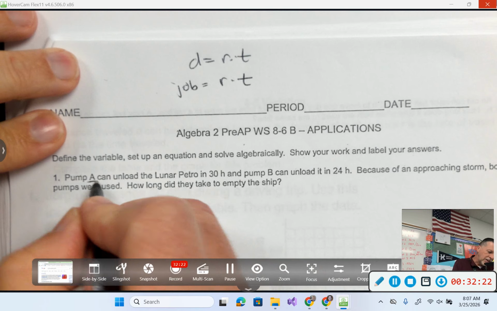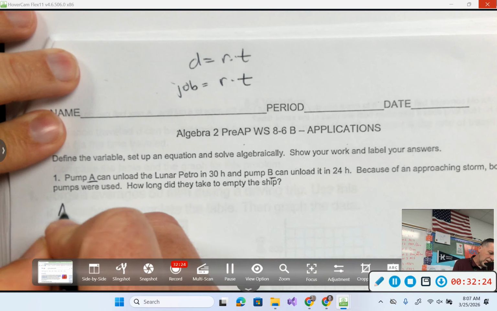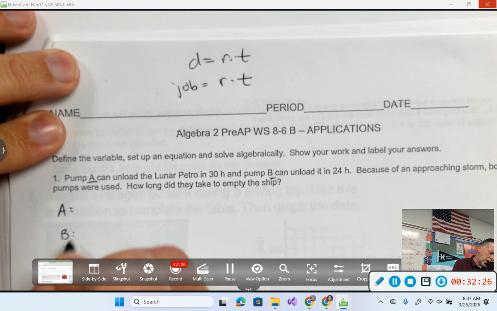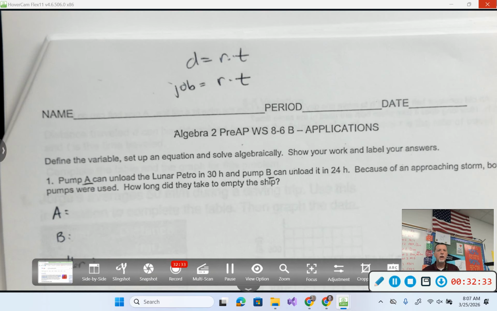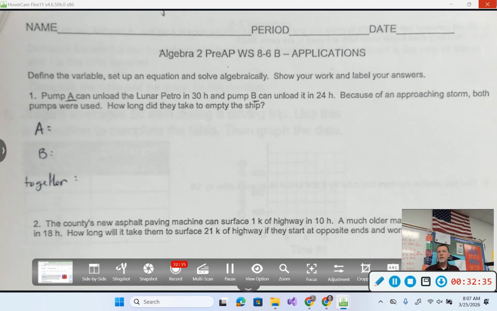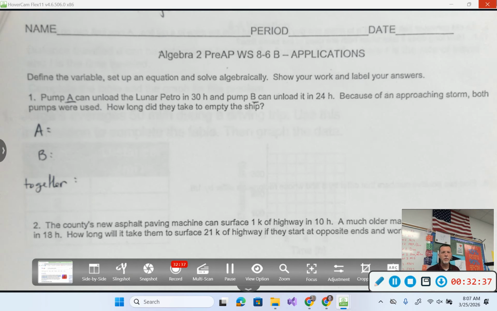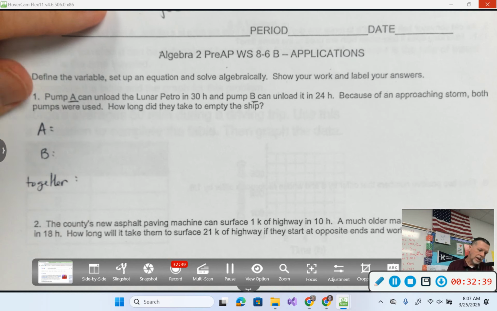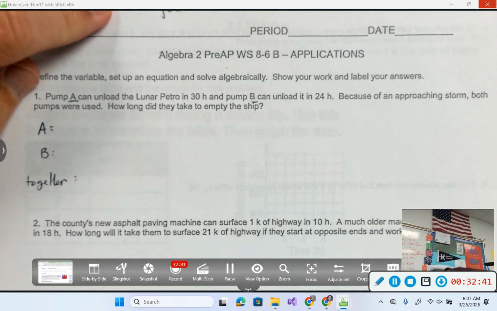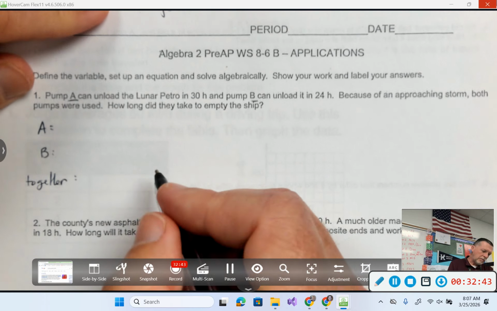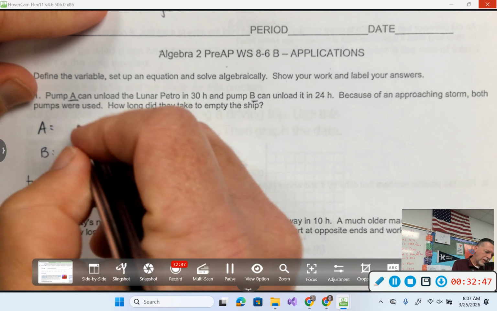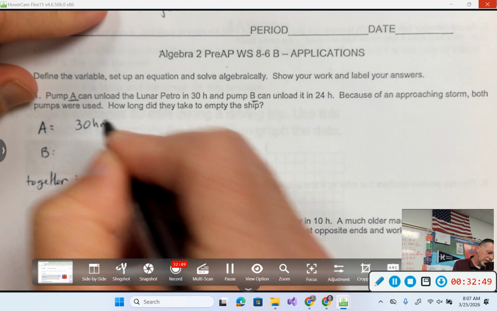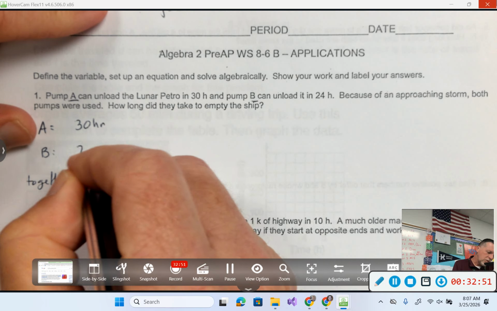They were nice enough to just call them A and B. A, B together. I think this is pretty similar to that last problem we just did. Instead of birdhouses, though, we're unloading a ship here. Pump A takes 30 hours. Pump B takes 24.